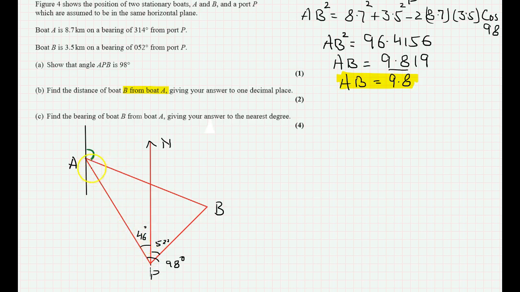Now if this is 46 degrees, we know that these are parallel lines. This is a transversal, and this Z angle is an alternate interior angle. This one is 46, so this angle will be 46.